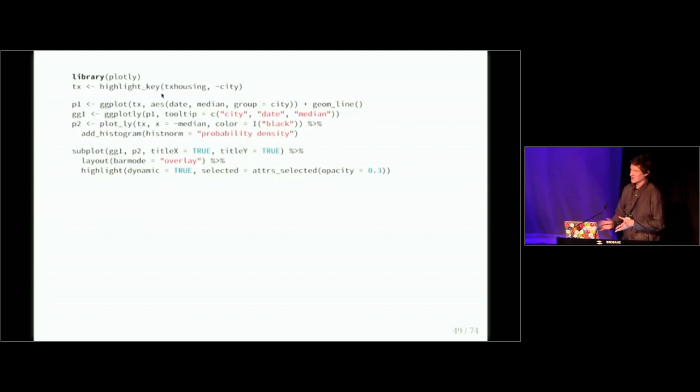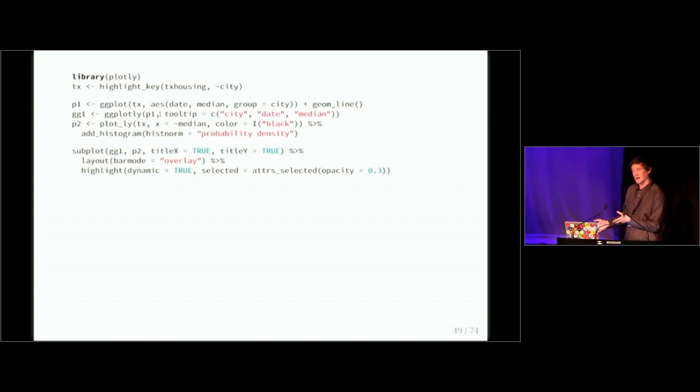But you're essentially saying, okay, my unit of interest, if I interact with this graphic and highlight something, I want to highlight things according to this city column. Then I create the raw time series via ggplot2, convert that to ggplotly, and control which aesthetics are being shown in the tooltip.